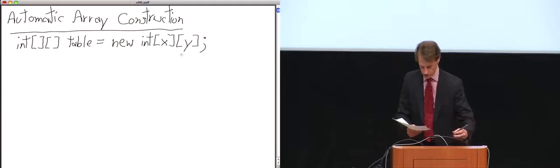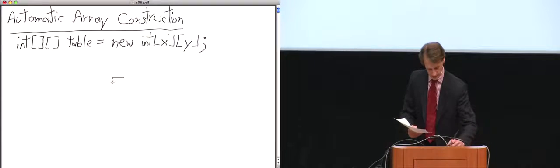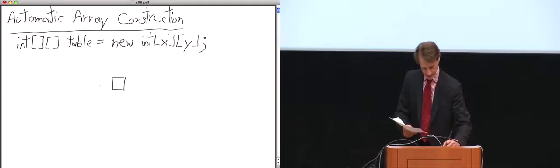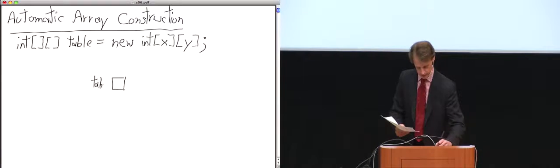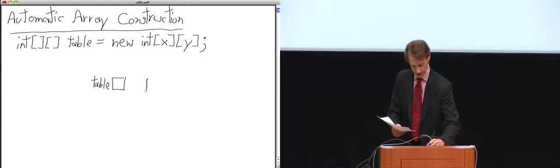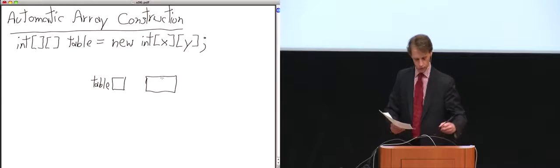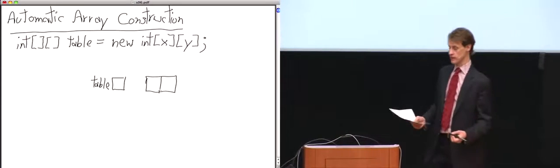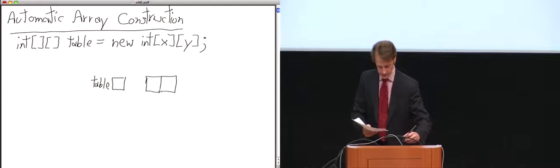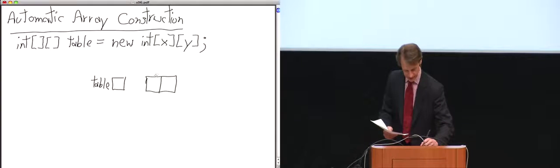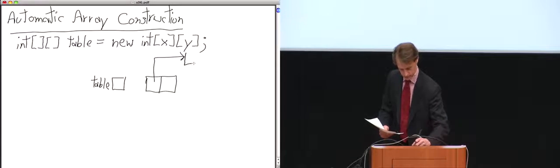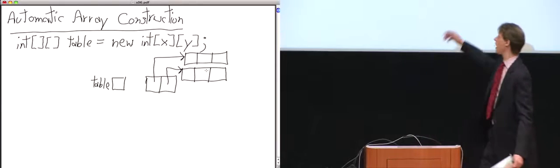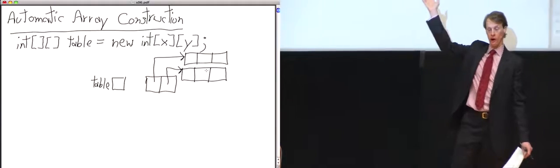And so what this is going to do is declare a variable table. It's going to construct automatically an array that can point to arrays of ints, and it's also going to construct x rows, x arrays, each containing y ints. And so Java will construct a large number of arrays for you all with one line of code.